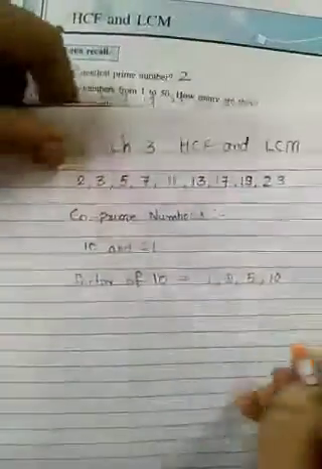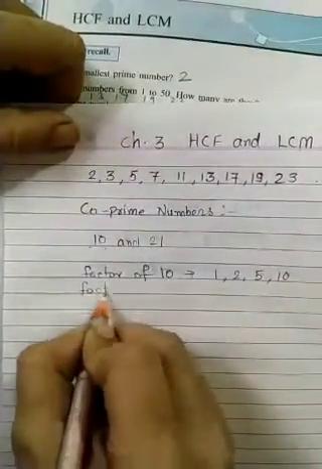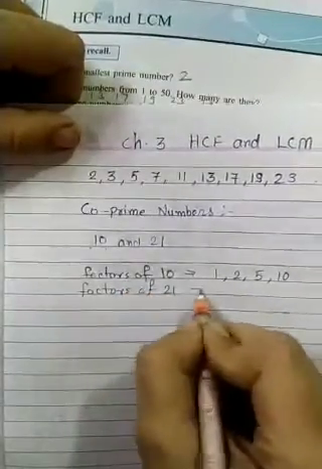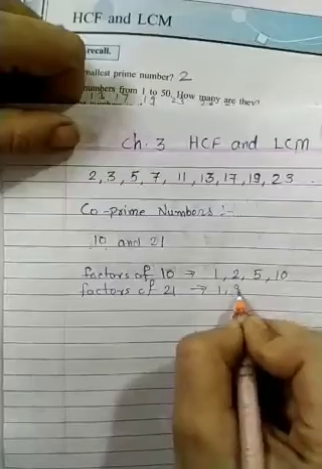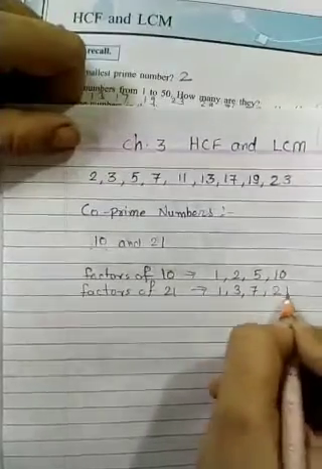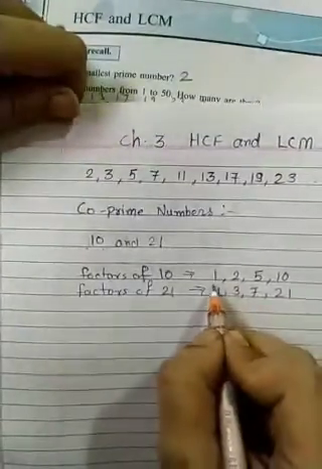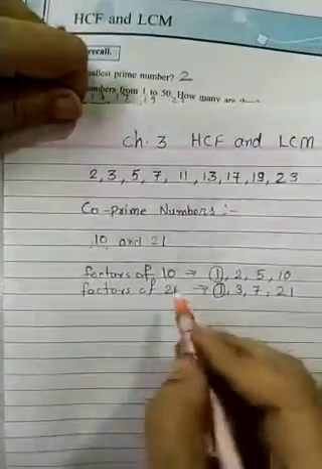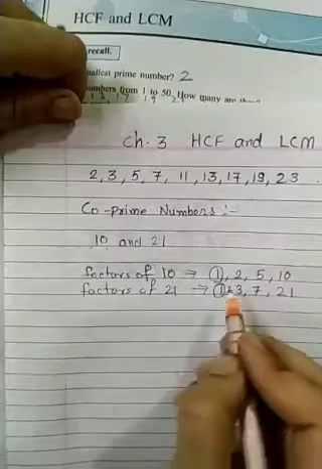The factors of 21 are 1, 3, 7 and 21. Now you can see that the only common factor between these two numbers is 1.